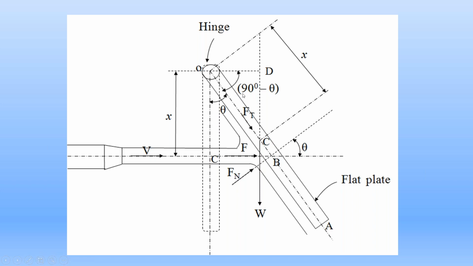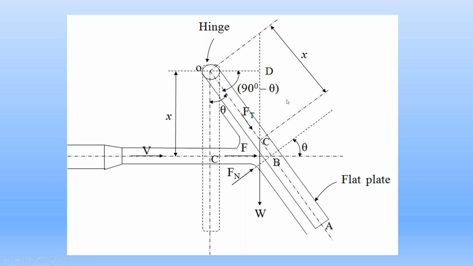Cos 90 minus theta is equal to adjacent side OD, hypotenuse OC. So cos 90 minus theta is equal to OD divided by OC. OC length is X. So OD is equal to OC into cos 90 minus theta.